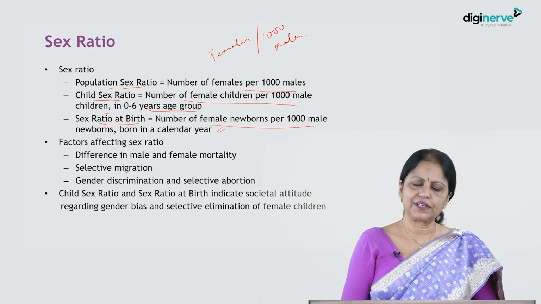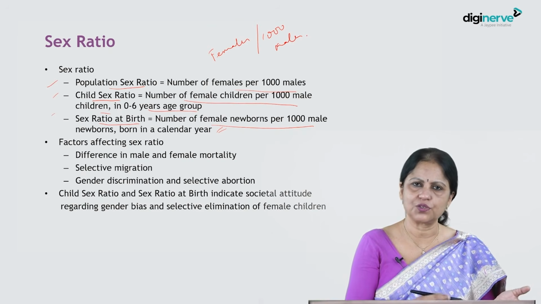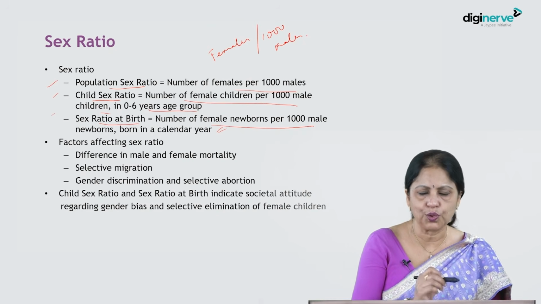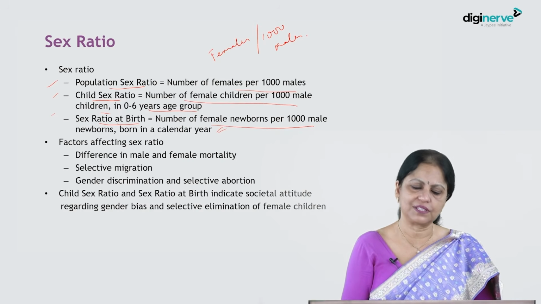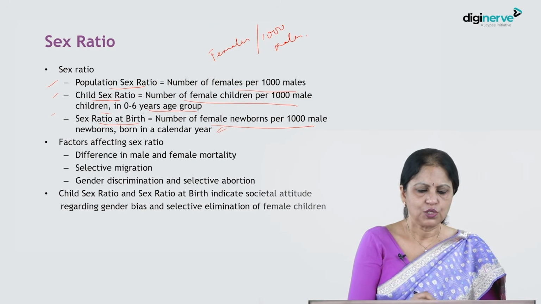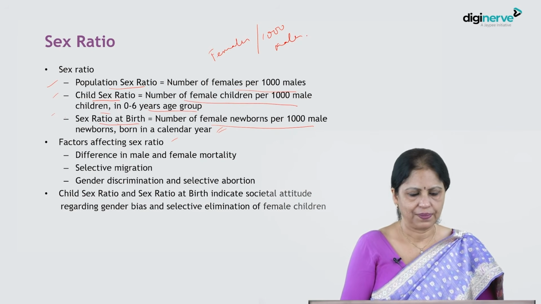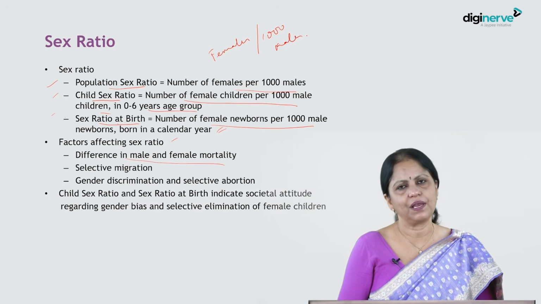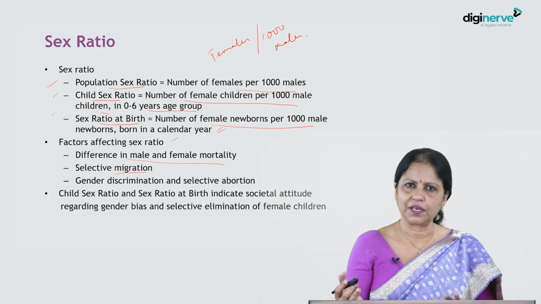So factors affecting sex ratio. Why do we say separately? We have a population sex ratio, that is fine, but why do we go into child sex ratio and sex ratio at birth? Because it has been seen that these are different from population sex ratio. So what are the factors? Difference in male and female mortality. Selective migration, males may migrate more.